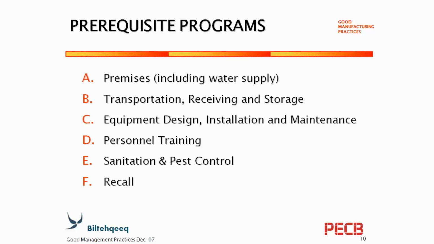And the second prerequisite is transportation, receiving and storage. When you transport your material, receive it in your plant and store it, you have to ensure that during all these stages there is no contamination, or any hazard which can destroy or disturb your food management system.